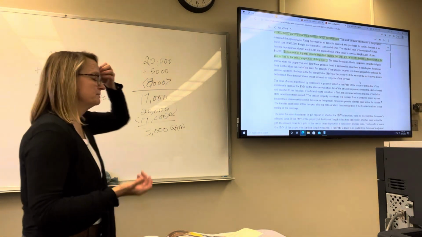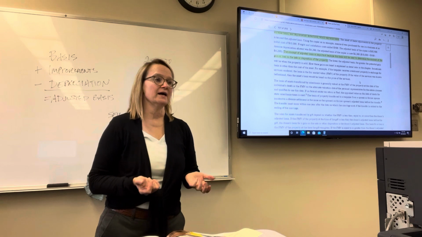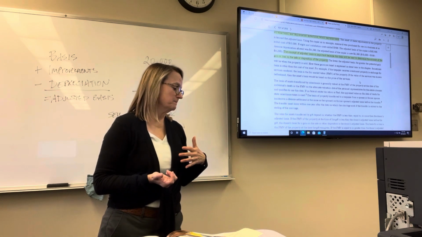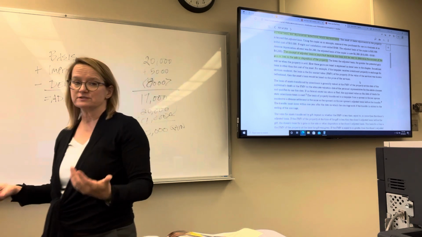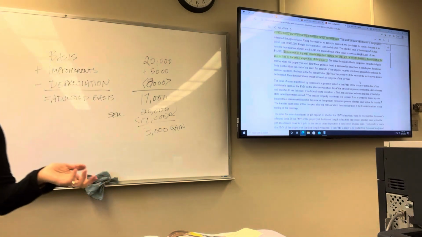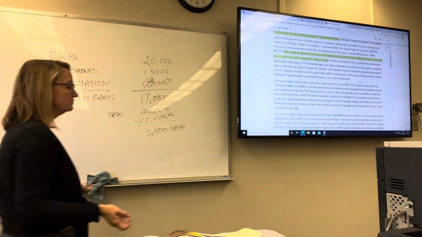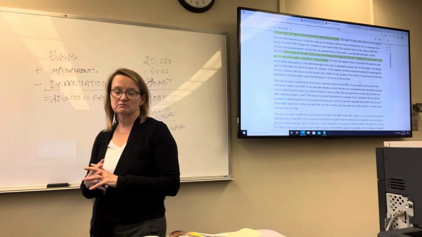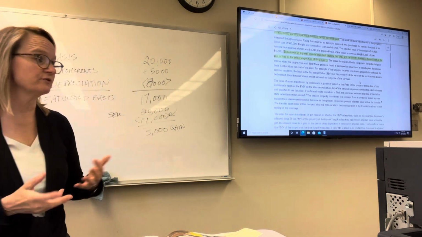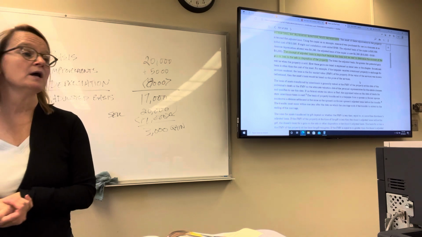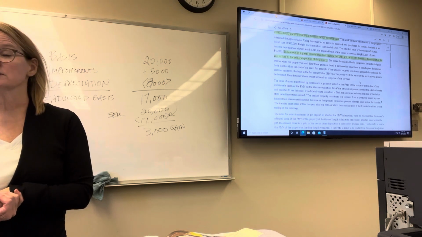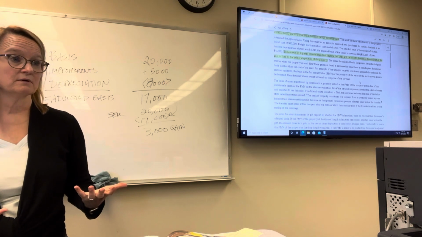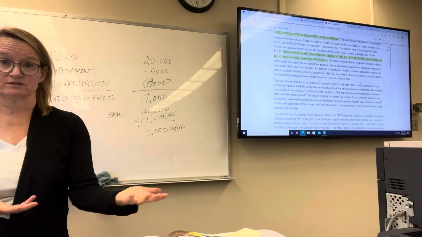Example, I'm a CPA and I need a new desk. Okay, I need a new desk for my office. I know somebody who makes some really nice custom desks, usually charges $1,000 for those desks. I really like them, I really want one. I offer to prepare taxes in exchange for that desk.